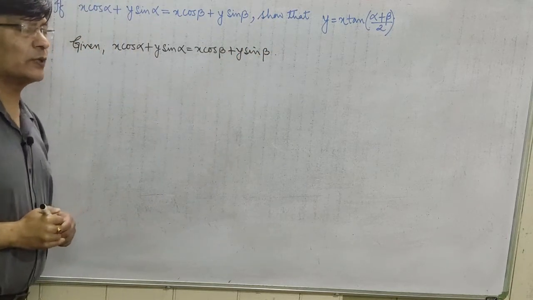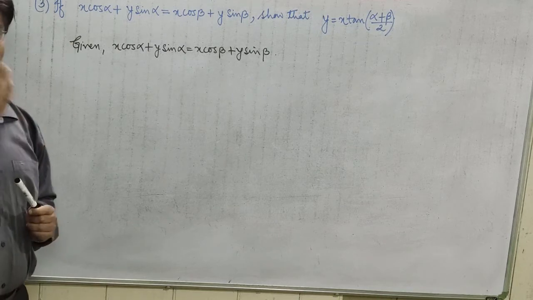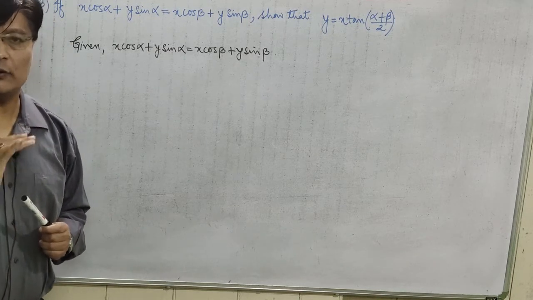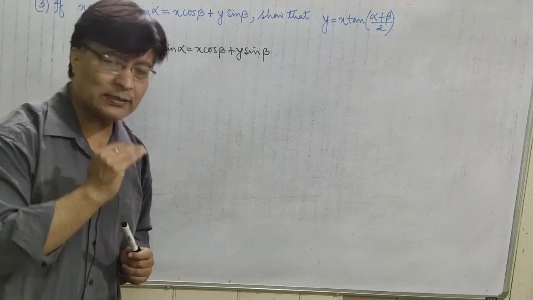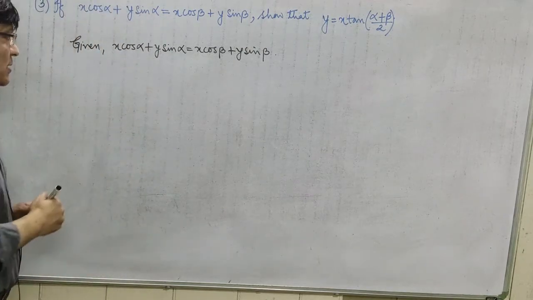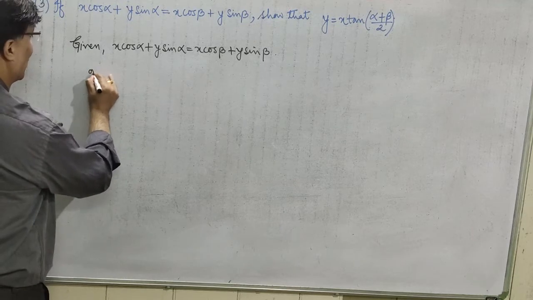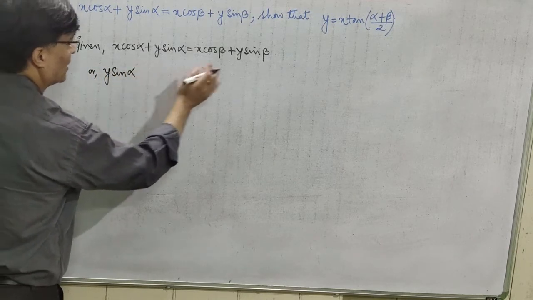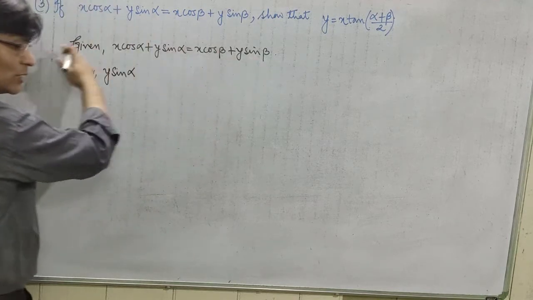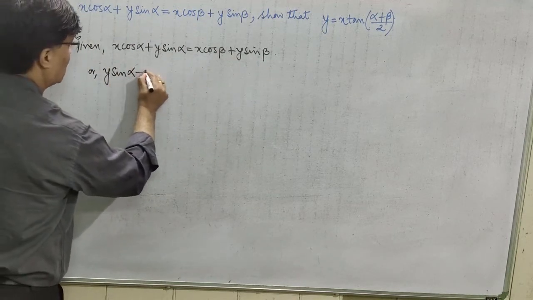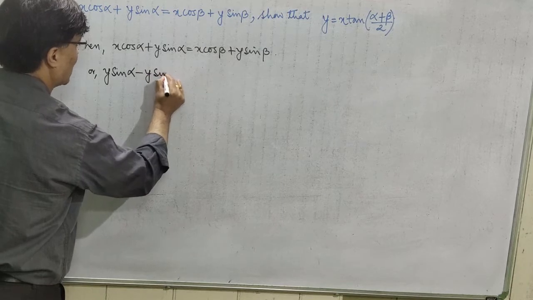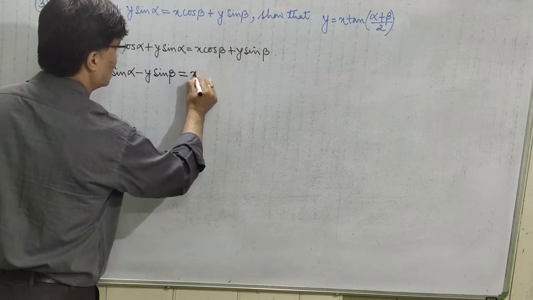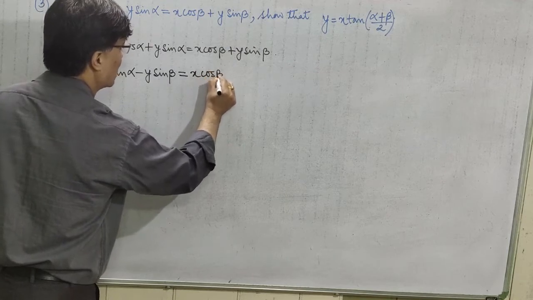Okay. So now since you have to express y in terms of x, you keep the terms containing y on the left hand side and x on the right hand side. Okay, so write down y on the left hand side, that is y sin alpha. Let us take this plus y sin beta to the left hand side, so it becomes minus y sin beta, which is equal to, on the right hand side, x cos beta.